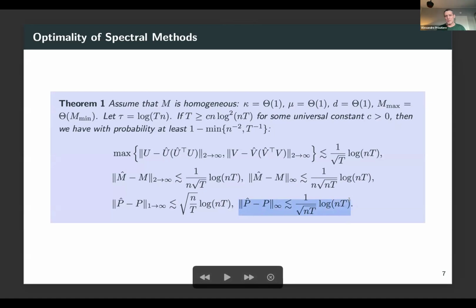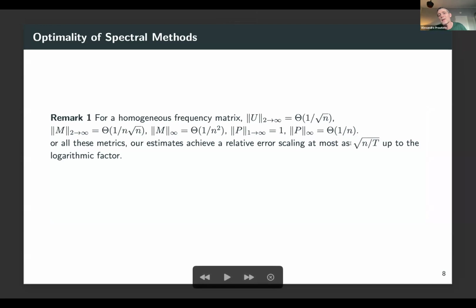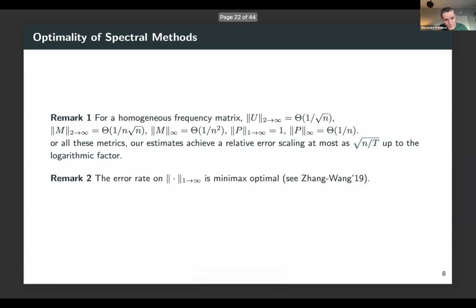You may think, oh, it looks too good to be true, because essentially the error is decreasing in n, the number of states, but actually you have to beware that the typical entry of P is scaling as 1 over n as well. So it doesn't mean that we have a better and better algorithm as n is growing. The relative error is indeed scaling as square root of n over T, up to logarithmic factors.